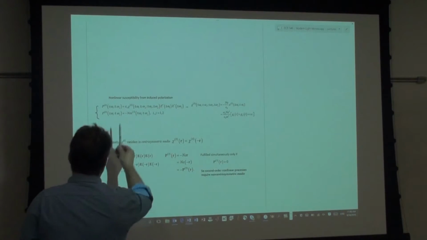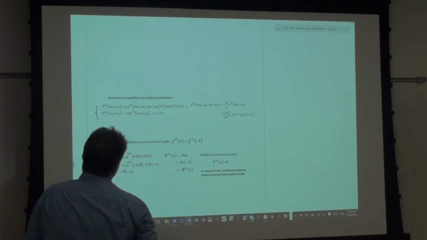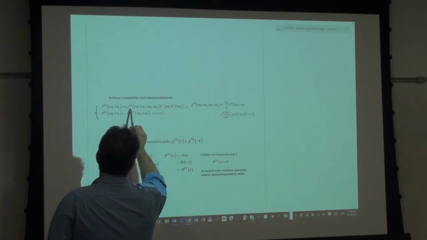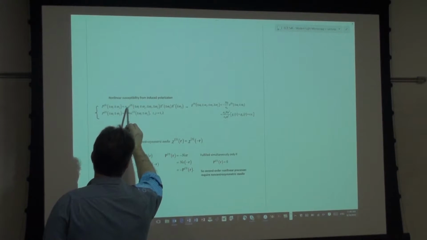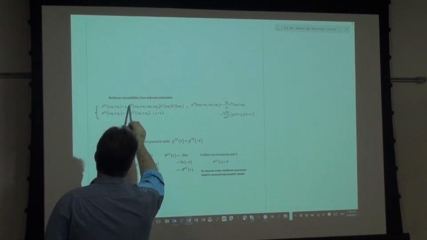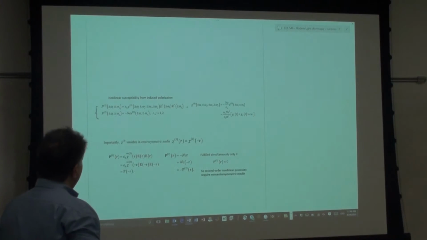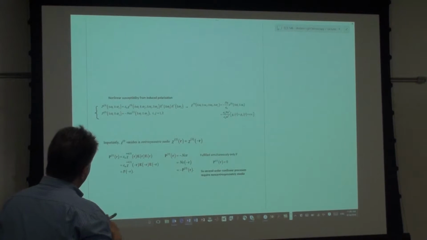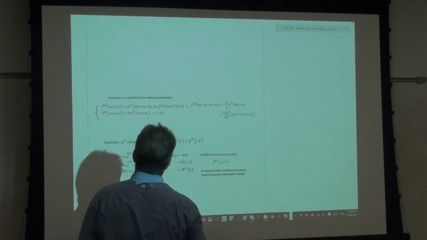Okay. So if I put two different frequencies in the system, this is the chi2. So this is just a definition of P2. It's a definition. So it's chi2, epsilon naught is the vacuum thing, and times two different fields, E at omega 1 and E at omega 2.